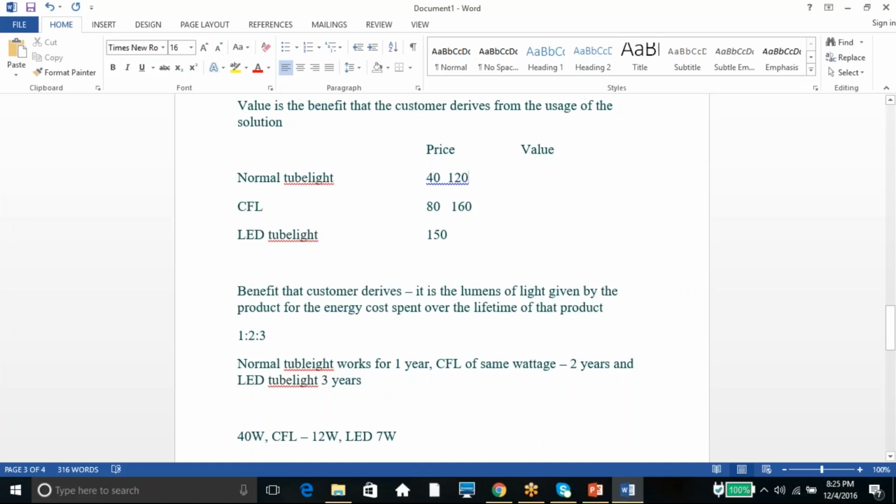So over the lifespan, maybe this will cost you finally 400 rupees, this may cost you 300, and this may cost you 200.